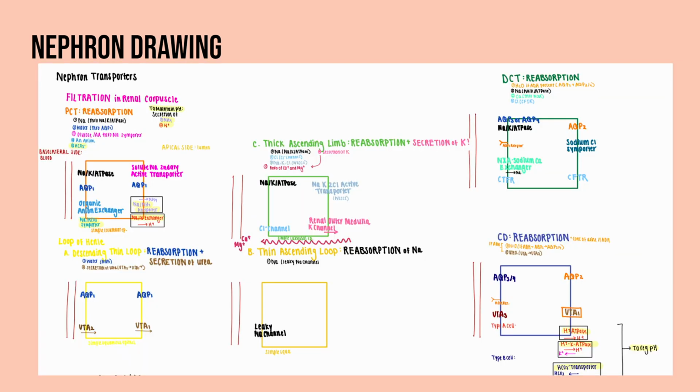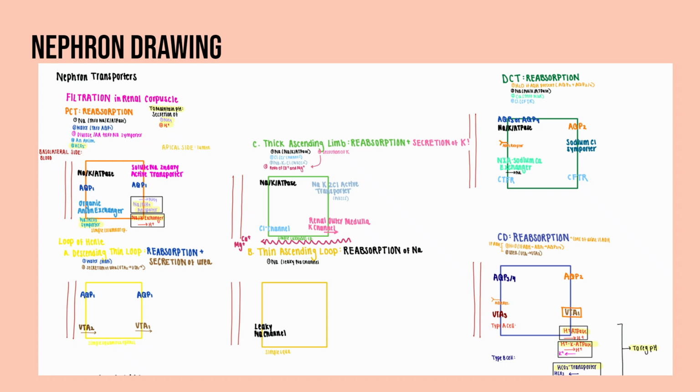I'm going to skip this for now because I have another drawing I want to do. If we have time, we'll come back to it. The orange box, for example, is the proximal convoluted tubule, and that is a cell on the side of the tubule.